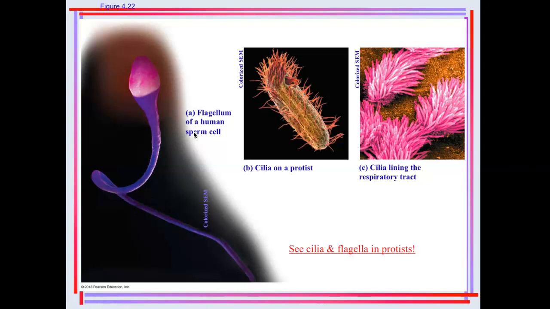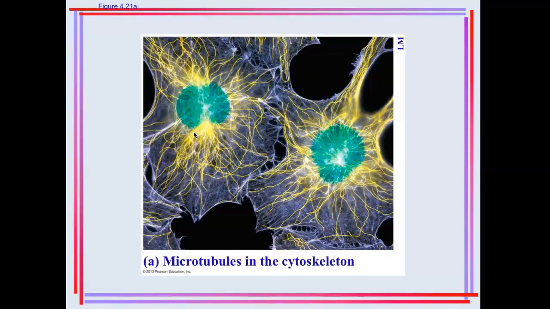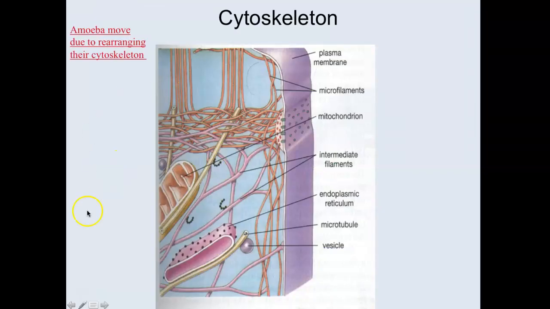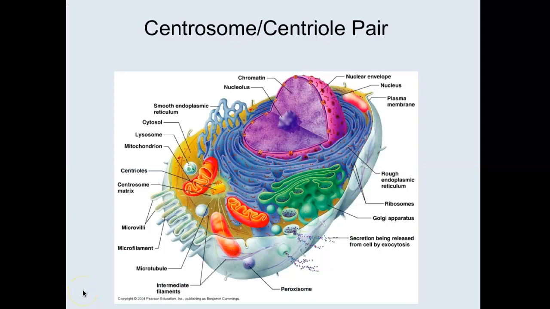Now let's look at a centriole pair. Okay, so this is number 13 on your outline. This falls under cytoskeleton too, so let's find it. This is our centrioles. It's not super clear here, but there's two.